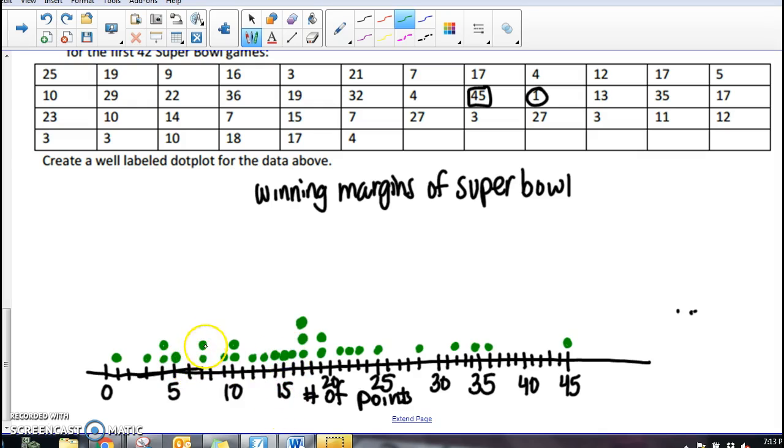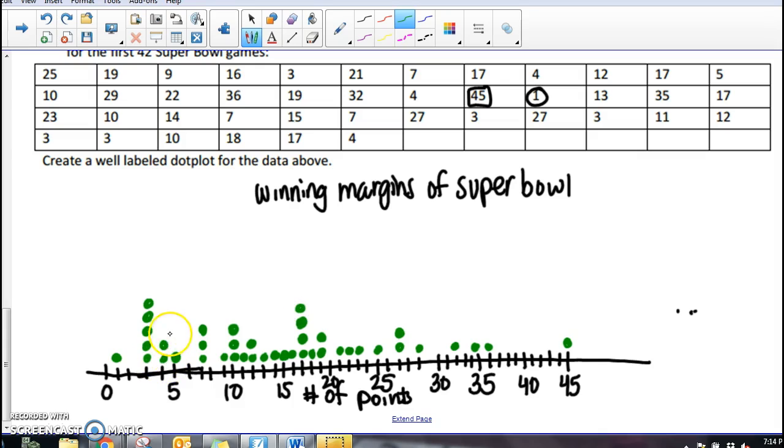Another 7. 27. 3. 27 again. 3 again. 11. 12. 2 more 3s. 10. 18. 17, another 17.